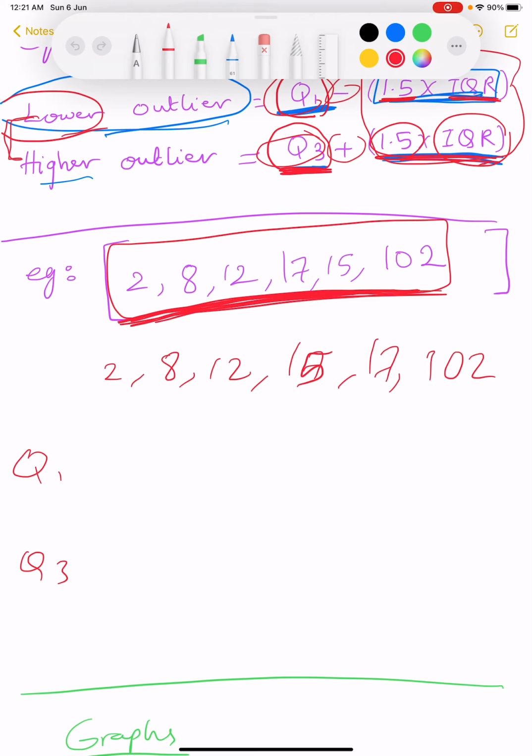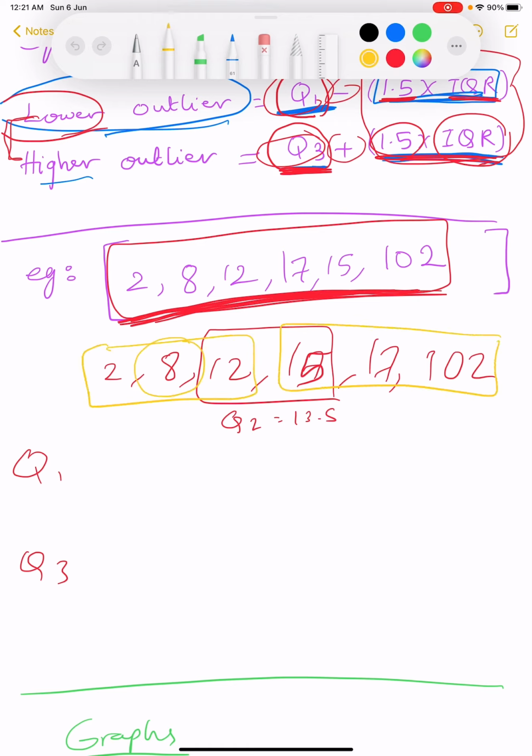For the median, these two are in the middle, so we divide them by 2. The median, Q2, is 13.5. Then we include these two in the halves. Q1 is 8, and here it's 17. So IQR is 17 minus 8, which is 9.